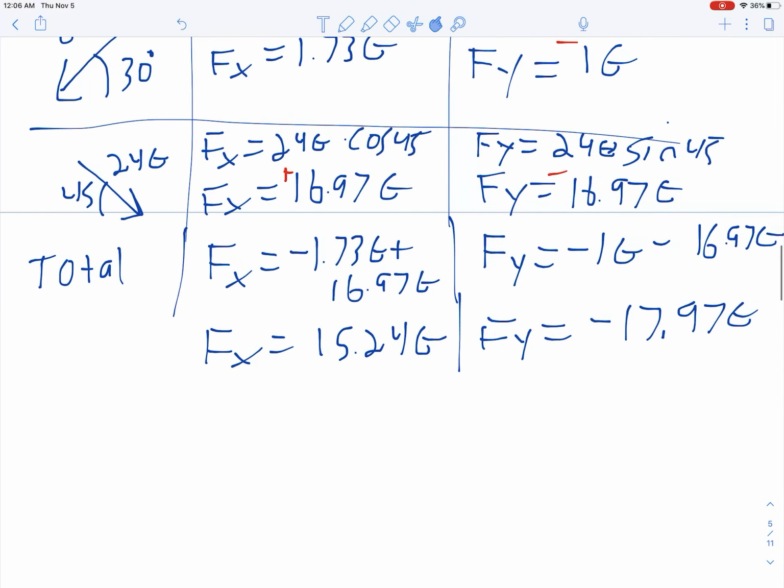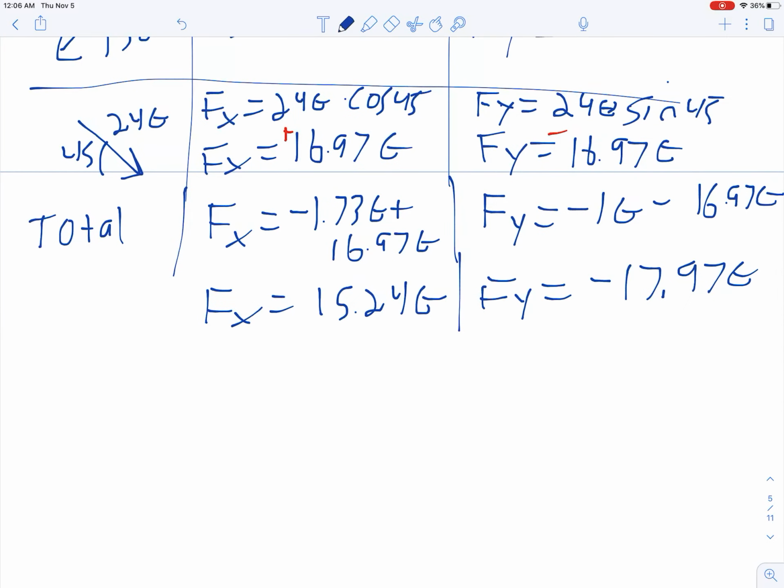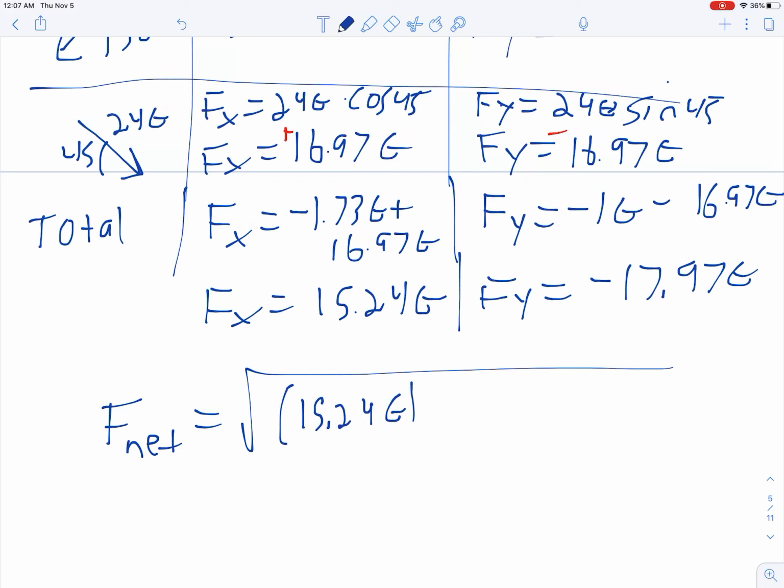All right, the next step is to find the total force, or my net force, and that is the square root of my x part and my y part. So I'm still leaving those g's in there. And I'm going to plug it in.